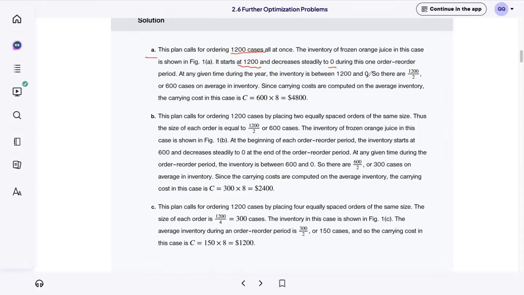So basically we have 2 points here, and there are 1,200 divided by 2, or 600 cases on average in inventory. Since the carrying costs are computed on the average inventory, the carrying cost in this case is $8 multiplied by 600, so 4,800. The second is the same thing, similarly.